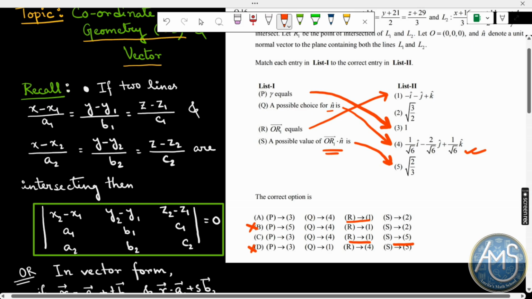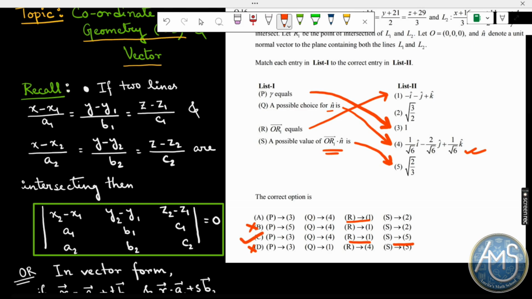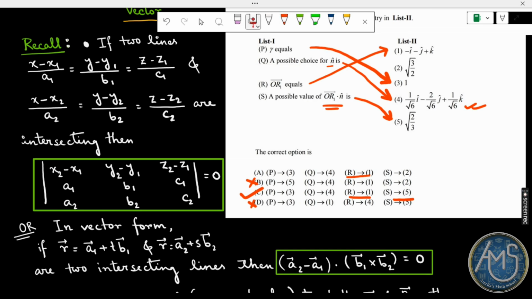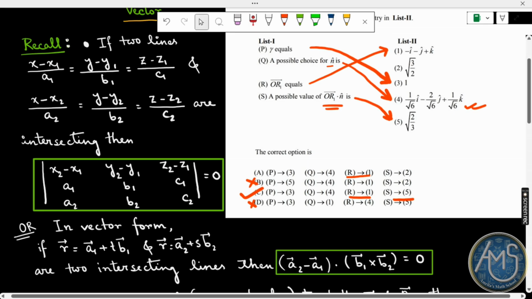So option C is correct. P implies 3, Q implies 4, R implies 1, and S implies 5. So here we have used the concept that when two lines in 3D are intersecting, then this determinant must be 0, or if you are converting it in vector form, then A2 minus A1 dot B1 cross B2 must be 0.